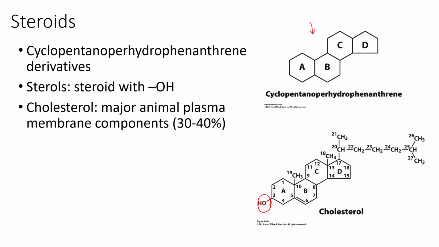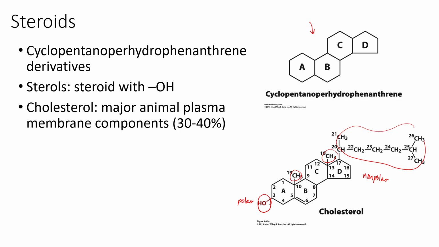The rest of cholesterol has a number of other substituents at different locations on the ring backbone, but overall the rest of it is very nonpolar, mostly just hydrocarbon based, and this region is slightly polar in comparison, where we have our hydroxyl group.